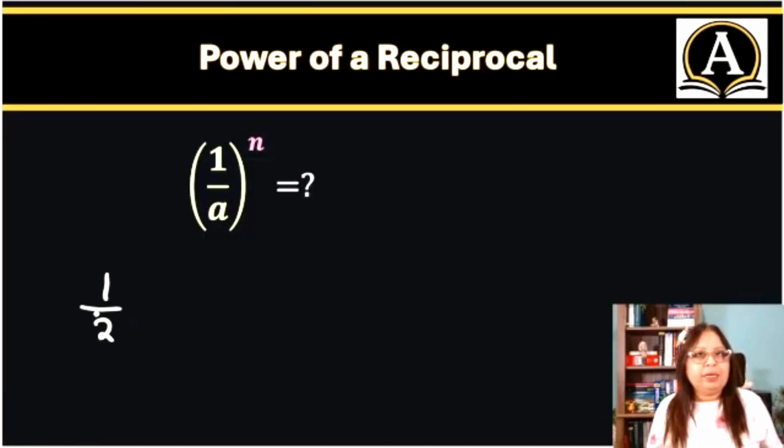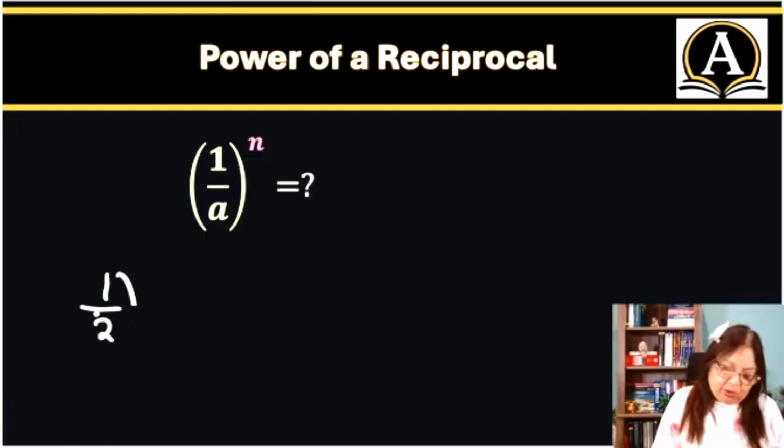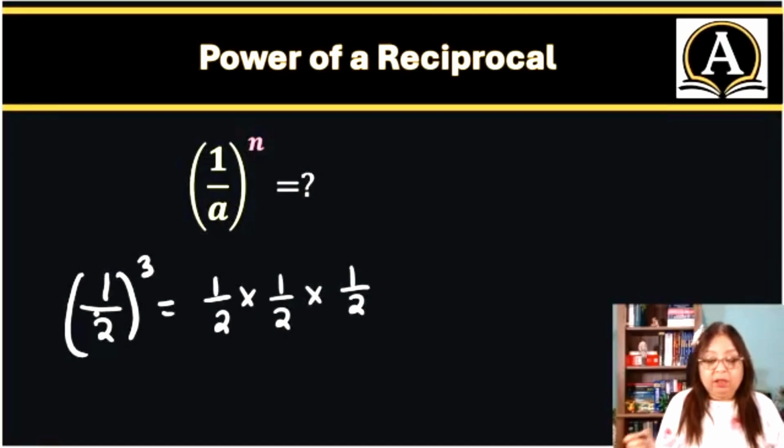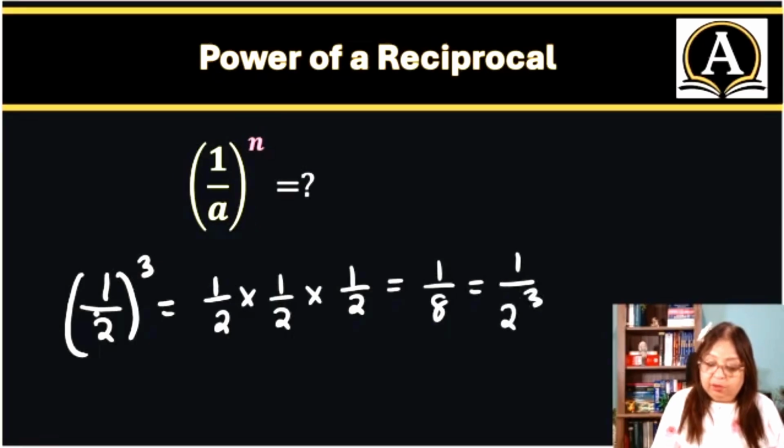Again, no pun intended. 1 over 2 raised to the power 3. Just by definition, this is equal to 1 over 2 times 1 over 2 times 1 over 2. Now this can be written as 1 over 8. This can be written as 1 divided by 2 to the power 3. Get it?